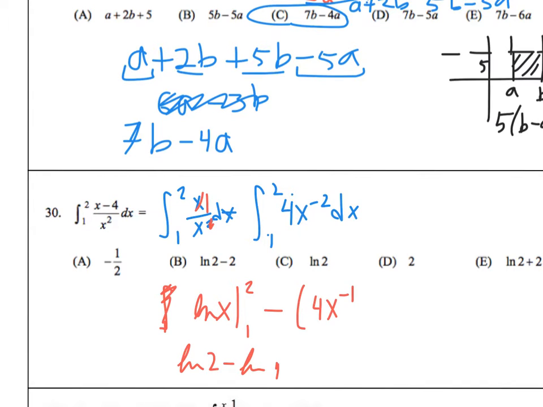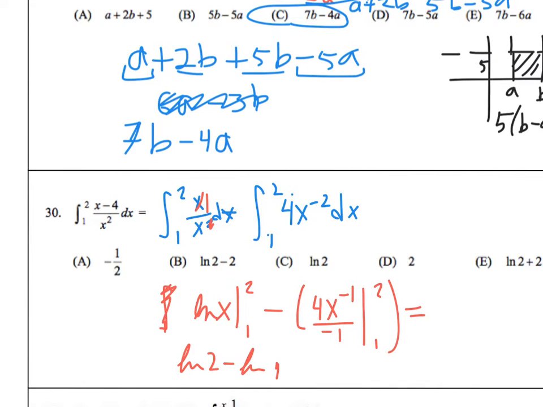So that's going to be 4x to the negative 1 divided by the new power, which is negative 1, and again, I'm going to plug in both of these points. So that's going to be negative 4 over x. I might just take care of that negative with this, but let's keep it in for now.